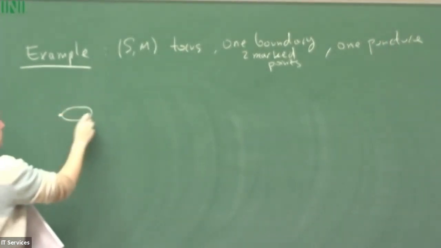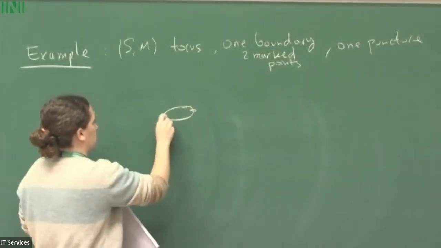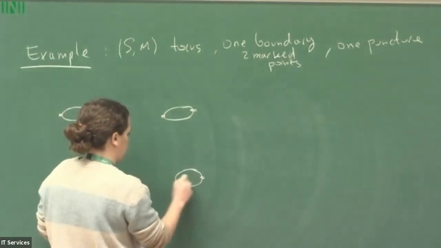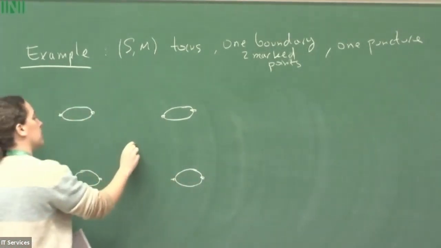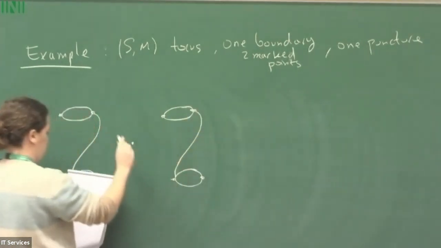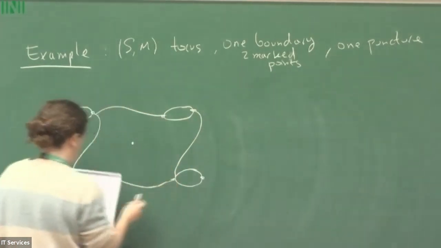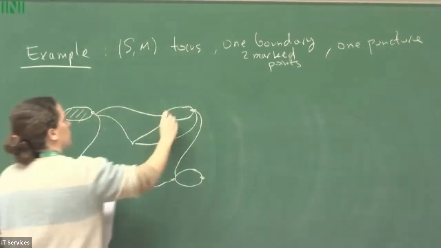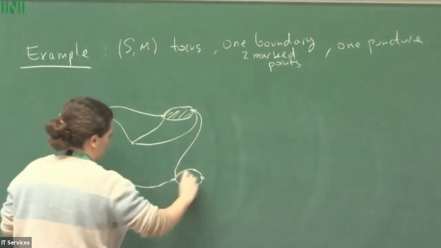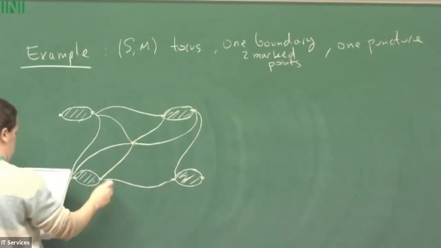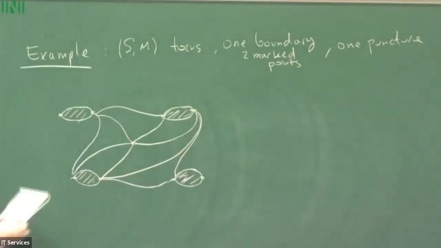So some people may not like this picture, but I like it. There you go. There's a triangulation on a torus.